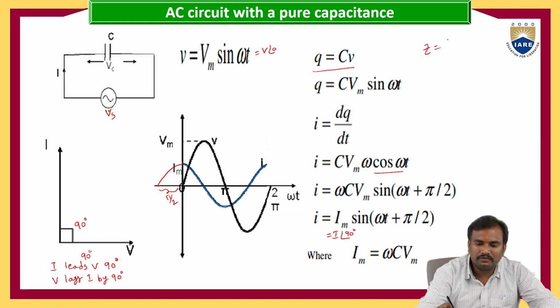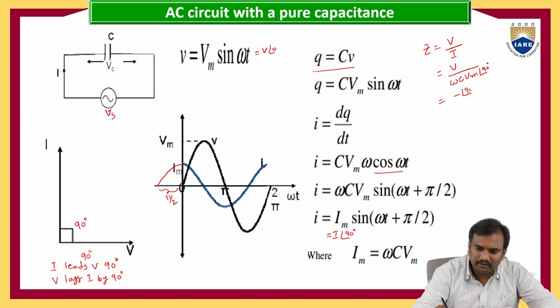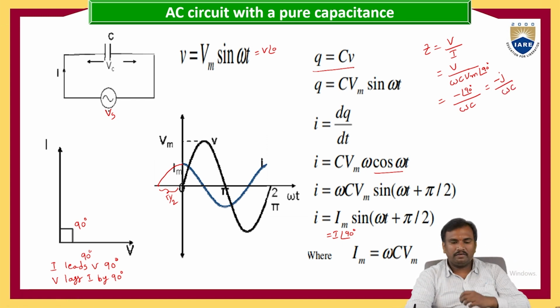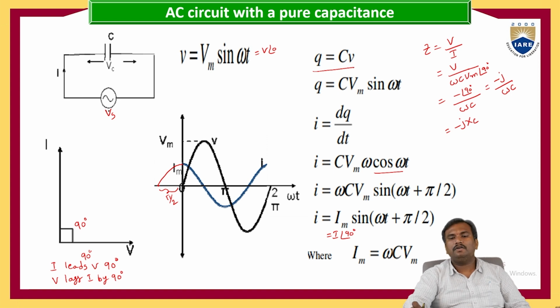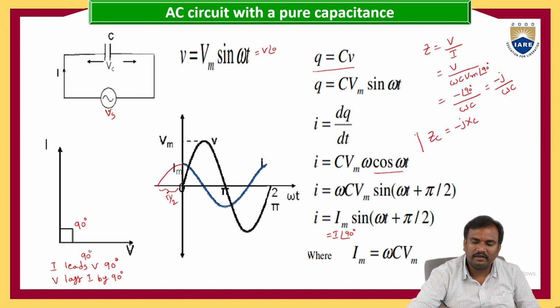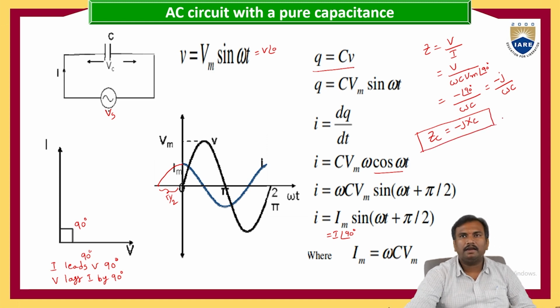So Z is equal to V by I, that is V by omega C Vm at an angle 90, that is equal to minus 90 degrees by omega C, which is nothing but minus j by omega C. We can write it as minus j into Xc, where Xc is equal to 1 by omega C. This is the impedance of the capacitor.